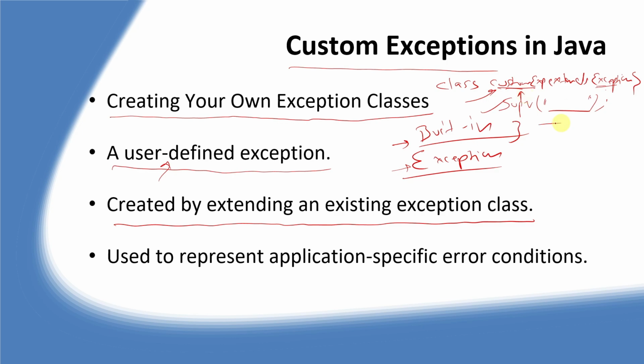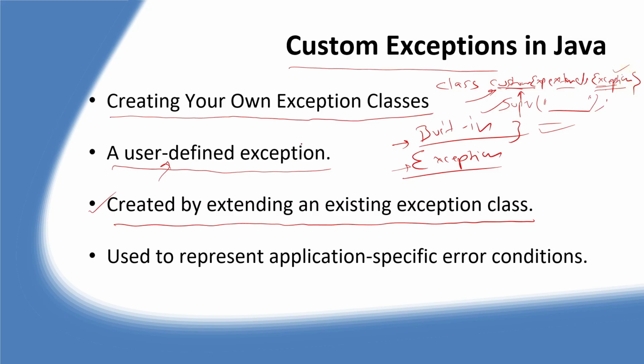We will see the implementation part later, but for now you can see the third point: created by extending an existing exception class. Just now I showed extends Exception, which is the parent class.